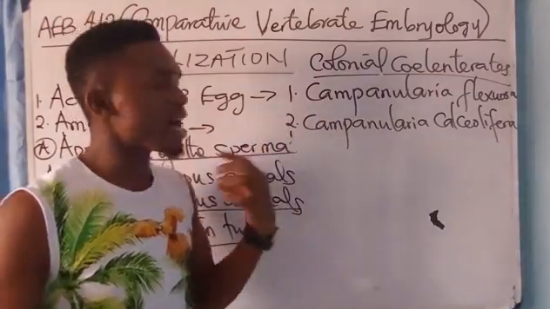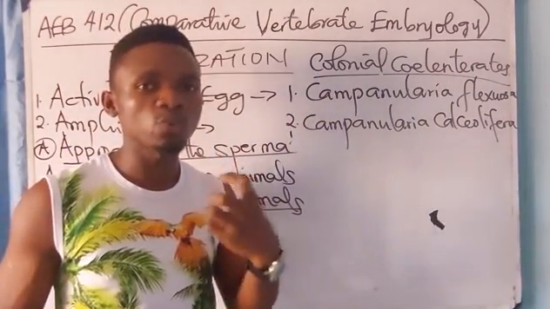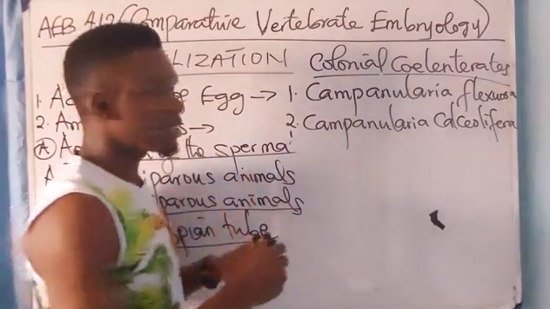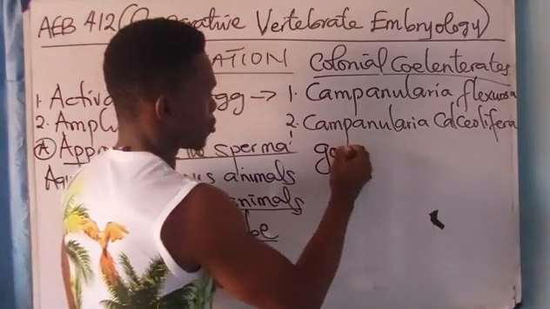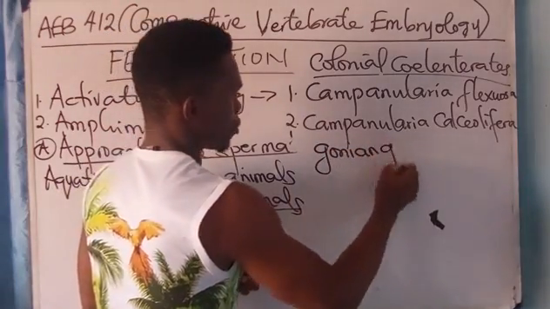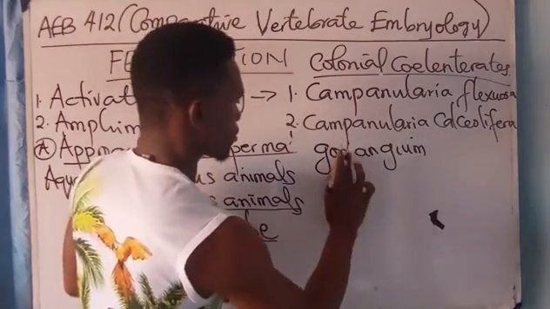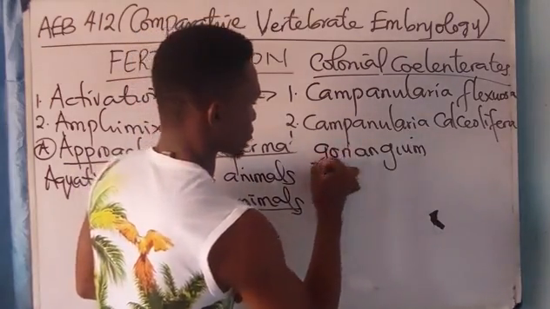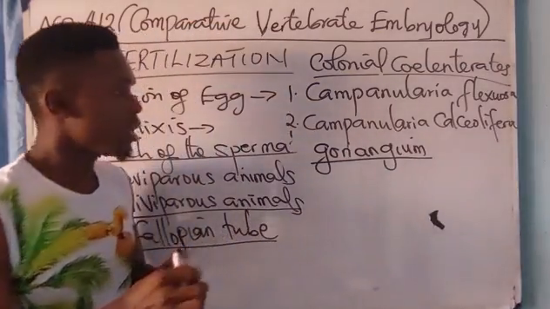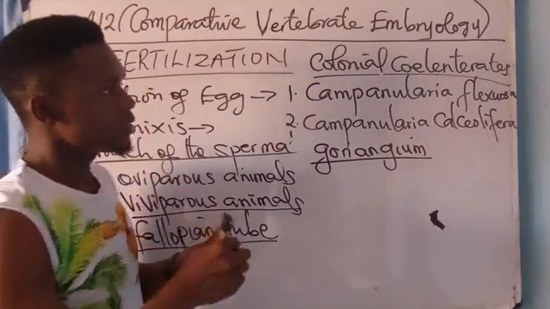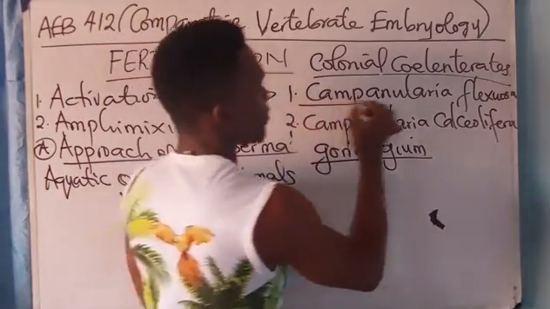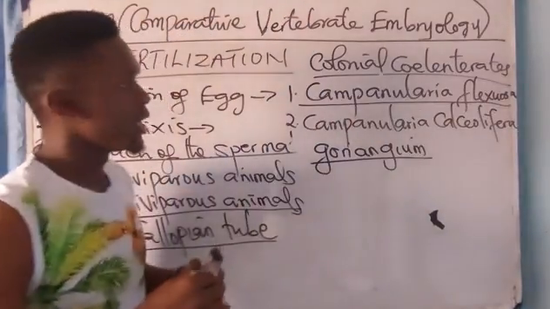These organisms, their females possess what? An attractant. Now, this attractant is called what? Gonangium, as the case may be. Now, for example, let us look at Campanularia flexuosa.